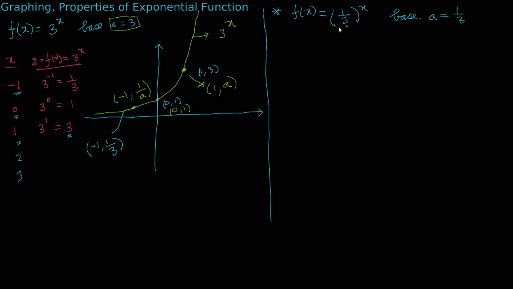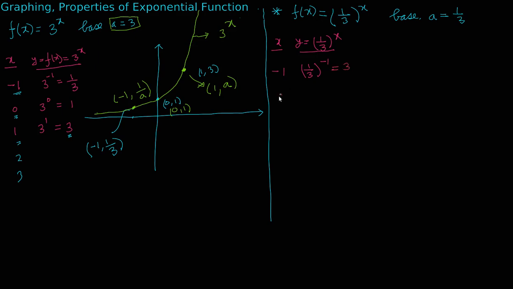For the other function, let's develop the table. I have x here, and my y is (1/3)^x. Again, if x is -1, I get (1/3)^-1, and if you punch the calculator, you will find this equals 3.